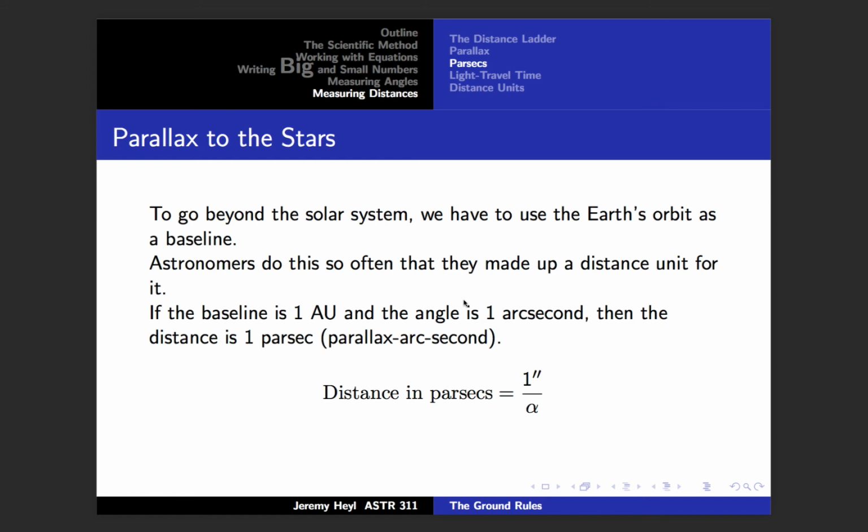So for example, let's say we were on Mars instead of on Earth. Would the parallax angle be larger or smaller on Mars than on Earth? Think about it. What would be different on Mars than on Earth? Anyone know? The baseline. So what is the baseline on Mars?